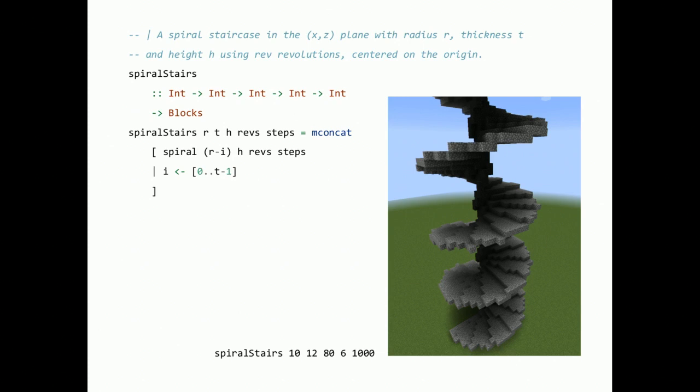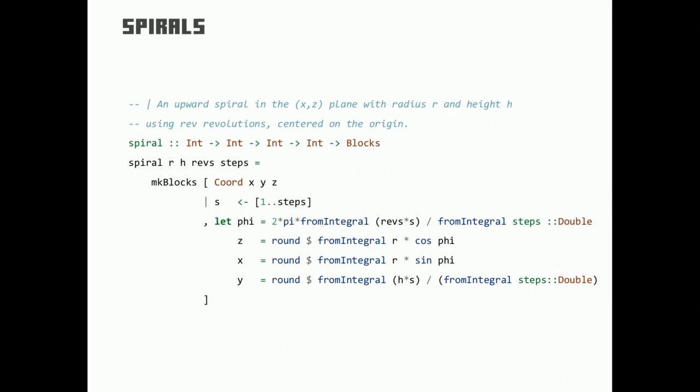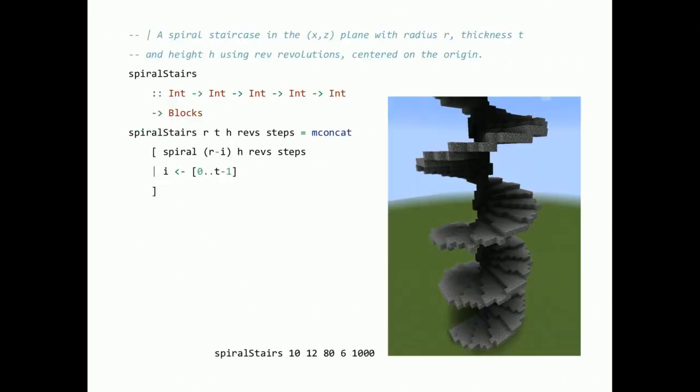And again, notice I'm using list comprehensions in all these examples, which I think is a very nice way of generating the different steps that are monoid, that are concatenated up. And there is a spiral staircase just rendered in Minecraft outside of a turret, and you can see it's not too steep. A player would be able to climb up that spiral.